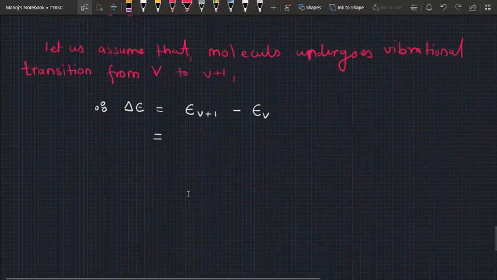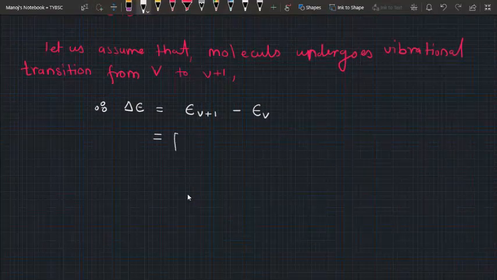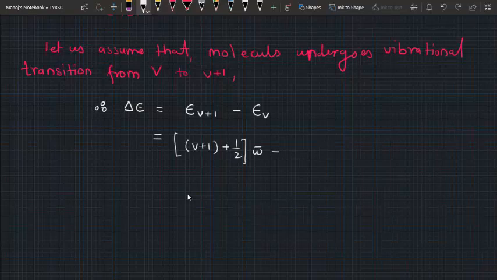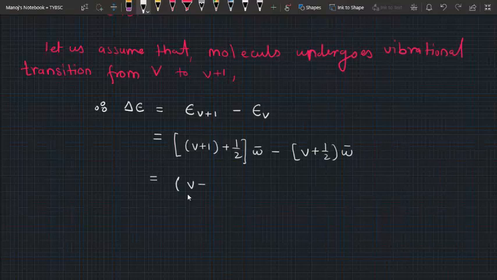So delta epsilon is equal to v plus 1 plus 1 half omega bar minus v plus 1 half omega bar. Let us simplify this, which is equal to v plus 3 by 2 omega bar minus v plus 1 half omega bar.